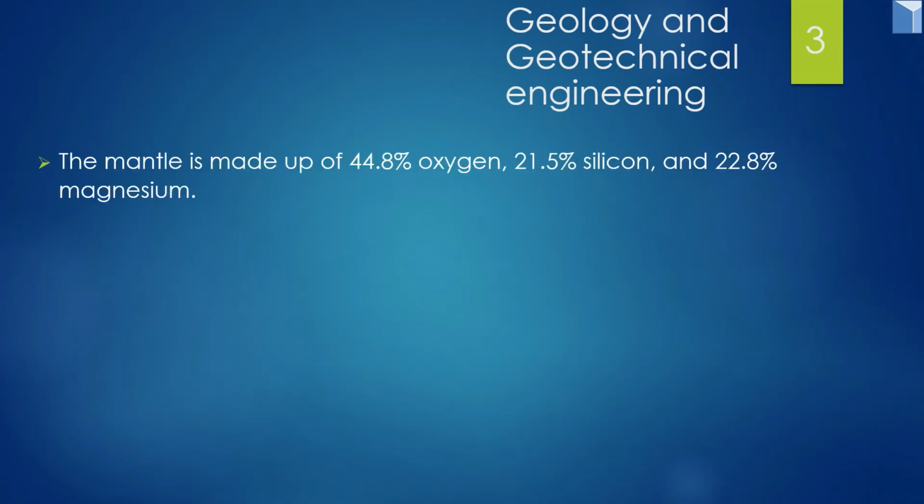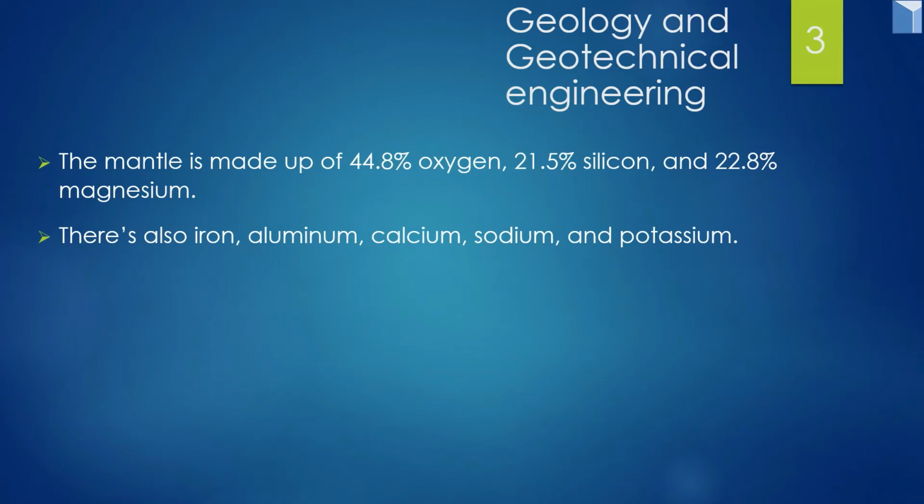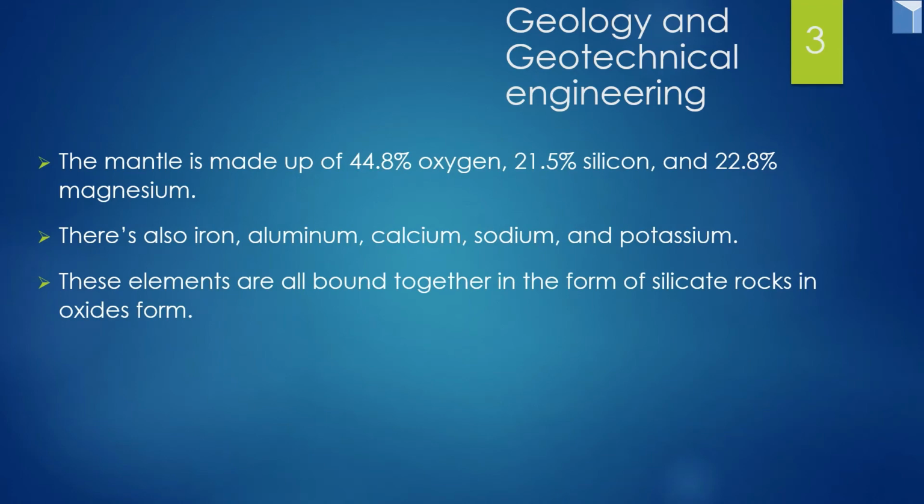So the mantle of the Earth is a huge store for the chemical elements we know at the surface of the Earth. The mantle is made of 44.8% oxygen, 21.5% silicon, and 22.8% magnesium and iron. There are also other elements like iron, aluminium, calcium, sodium, and potassium.